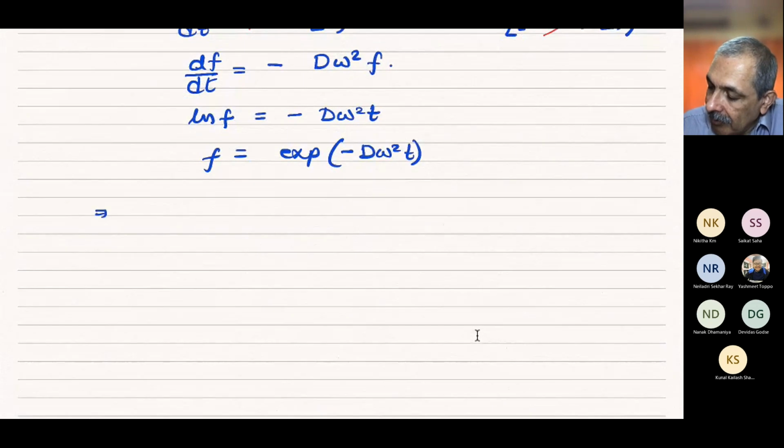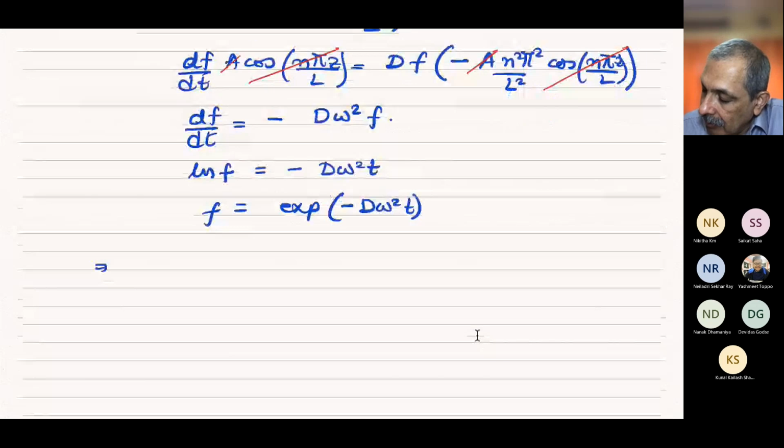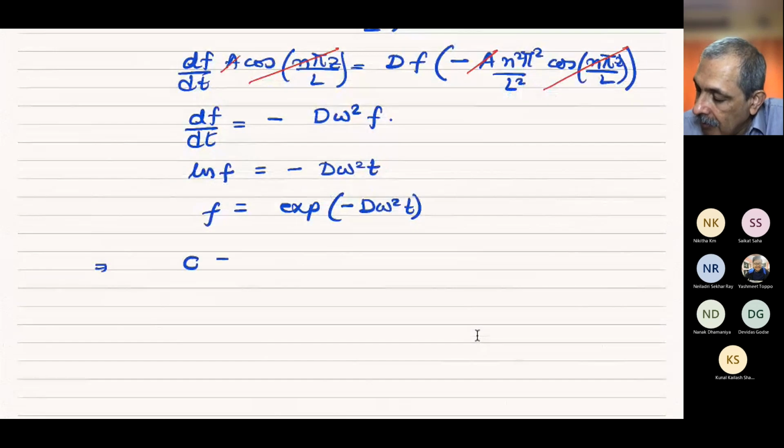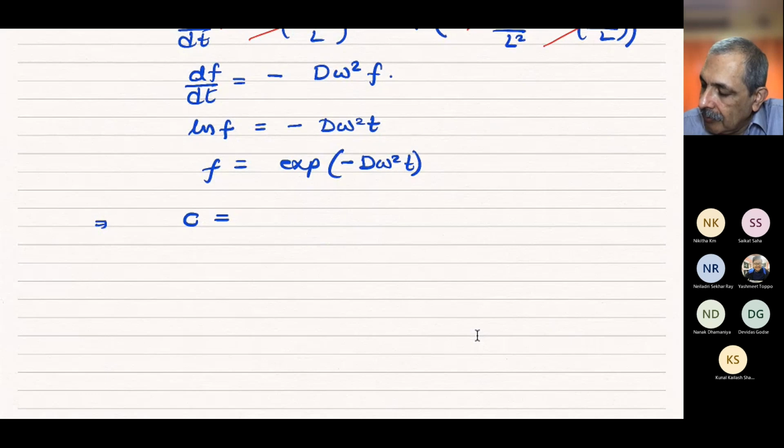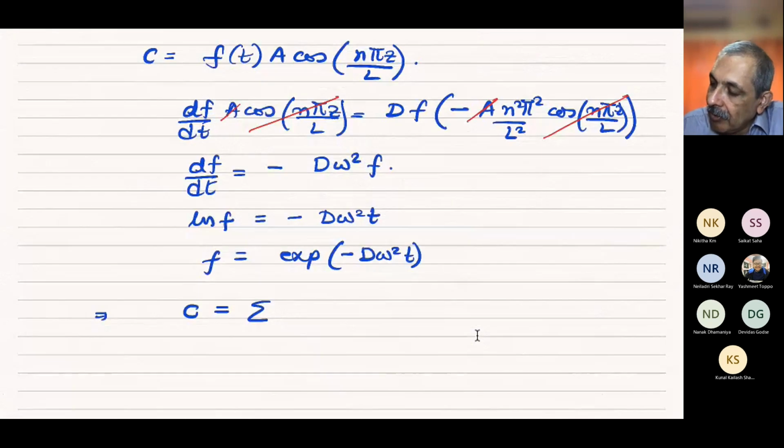So this finally gives us that the concentration C is just equal to, now we can write this as a series because we have a large number of terms. For each value of n we will have a solution. So the solution is the sum of each term.